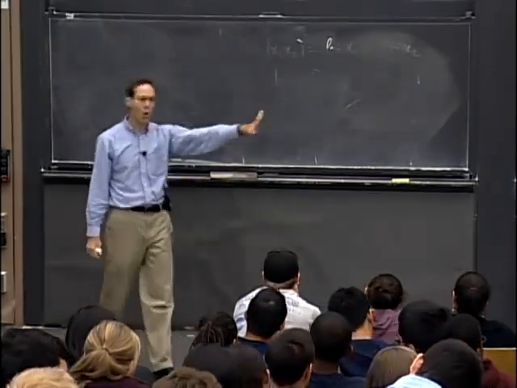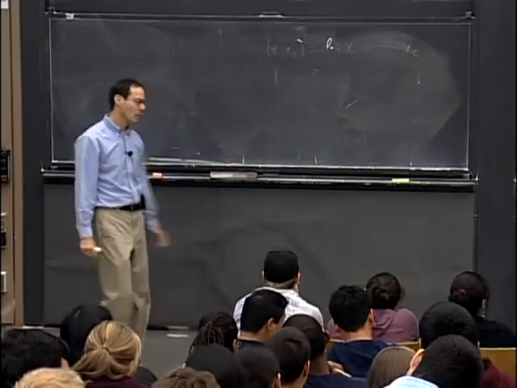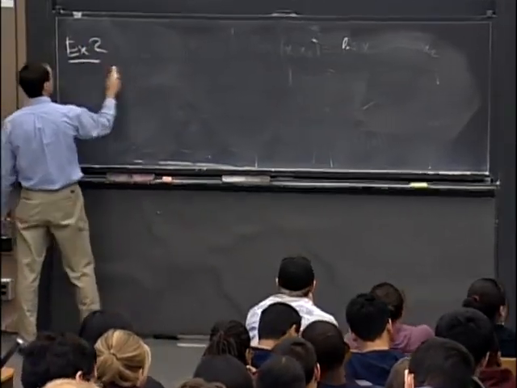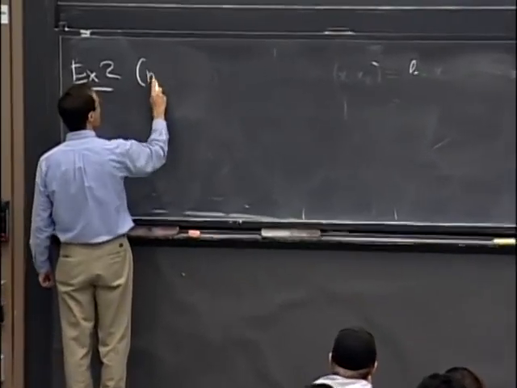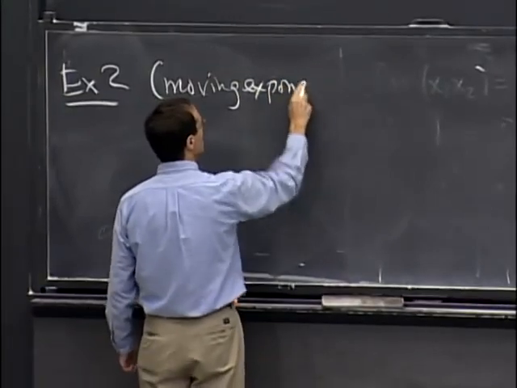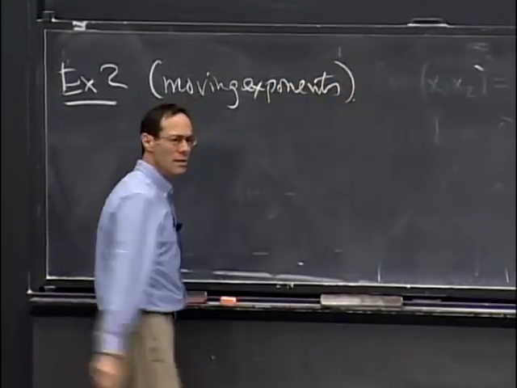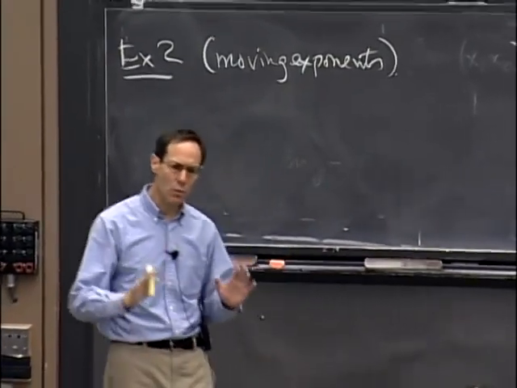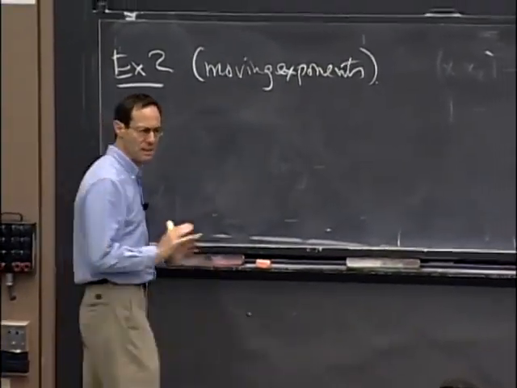Method 1 and method 2 always both work. All right, so here's a second example. Again, this is the problem when you have moving exponents. But this time, we're going to complicate matters by having both a moving exponent and a moving base.